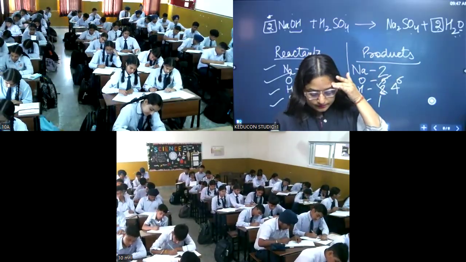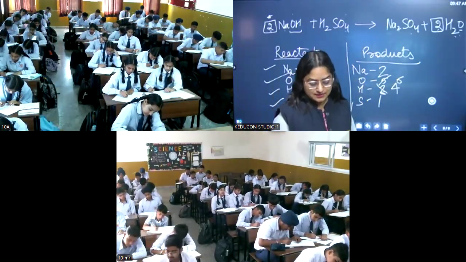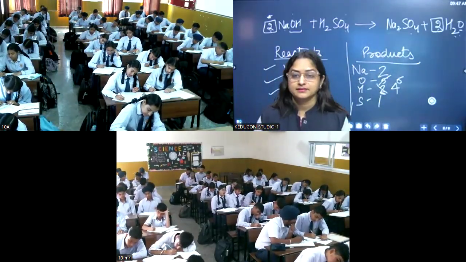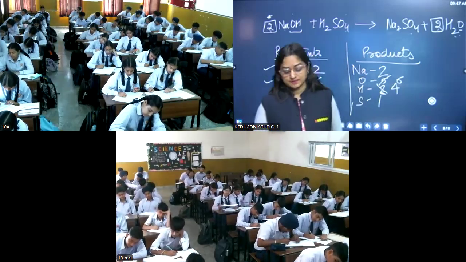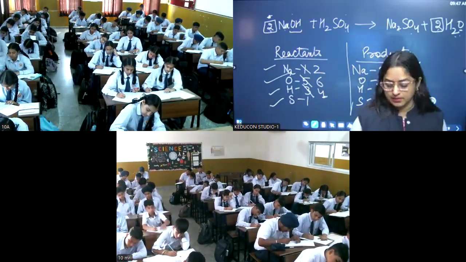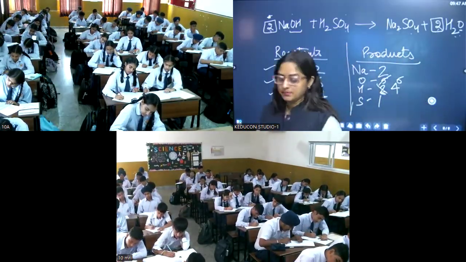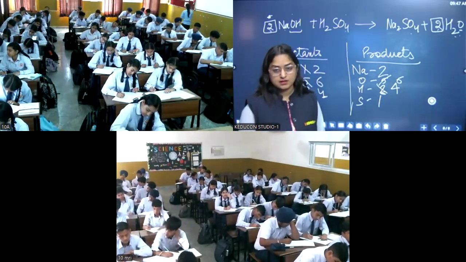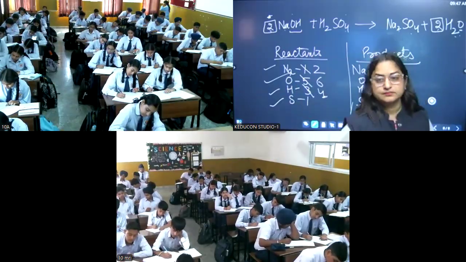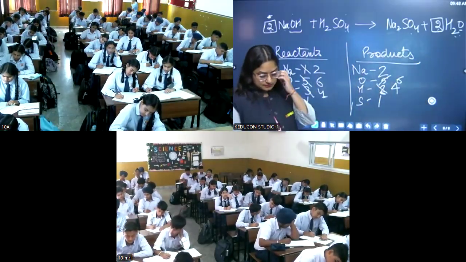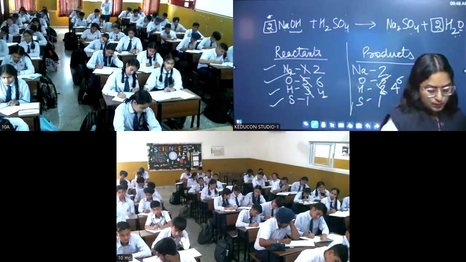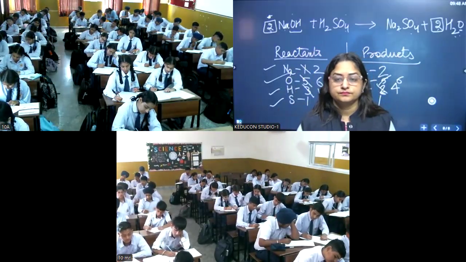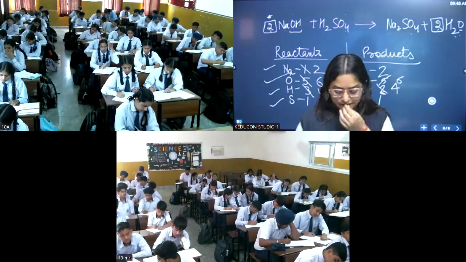First point is: an equation is balanced when there is an equal number of atoms of each element on both sides of the equation.